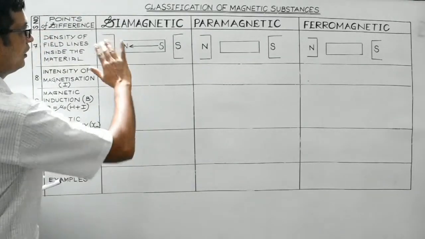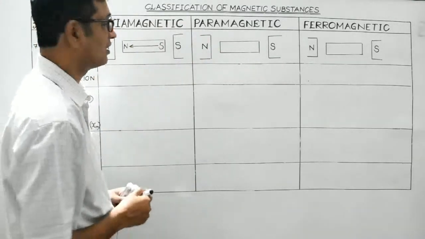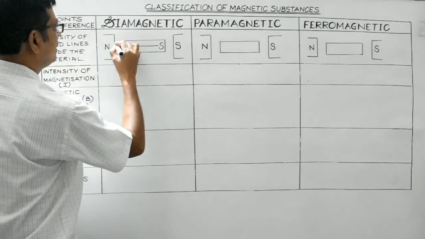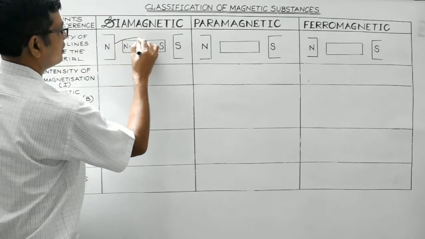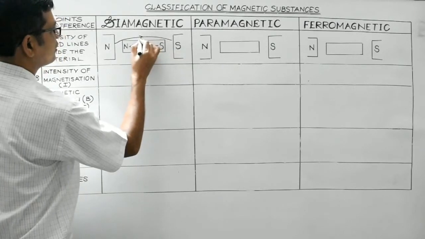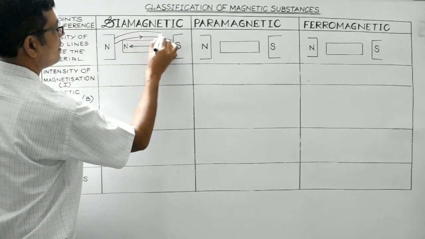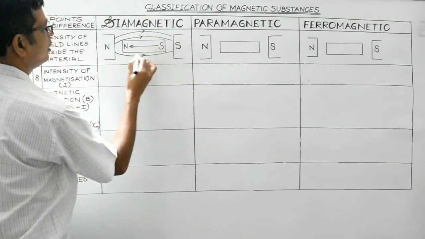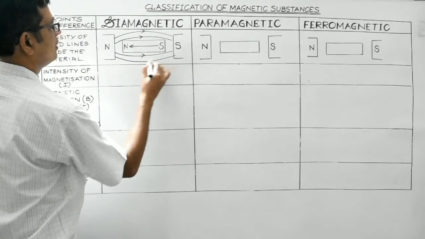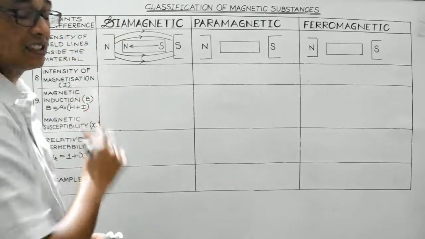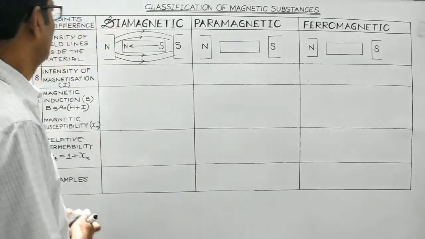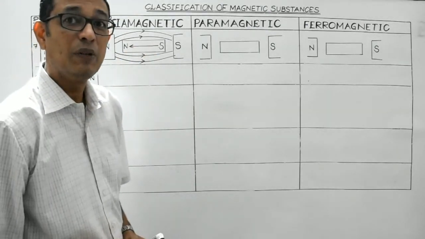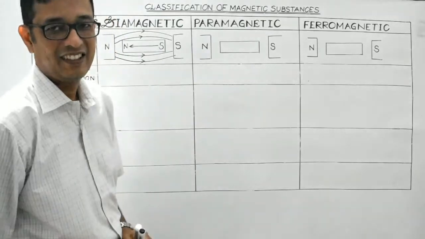Now the direction of the external field will be from north to south, isn't it? Now in this case, regarding the density of the field lines inside the material, the diagram would be somewhat like this. Actually, the external field lines will get repelled from this diamagnetic material. It will be somewhat like this. So what this diagram suggests is the density of the field lines inside the material will become slightly less.